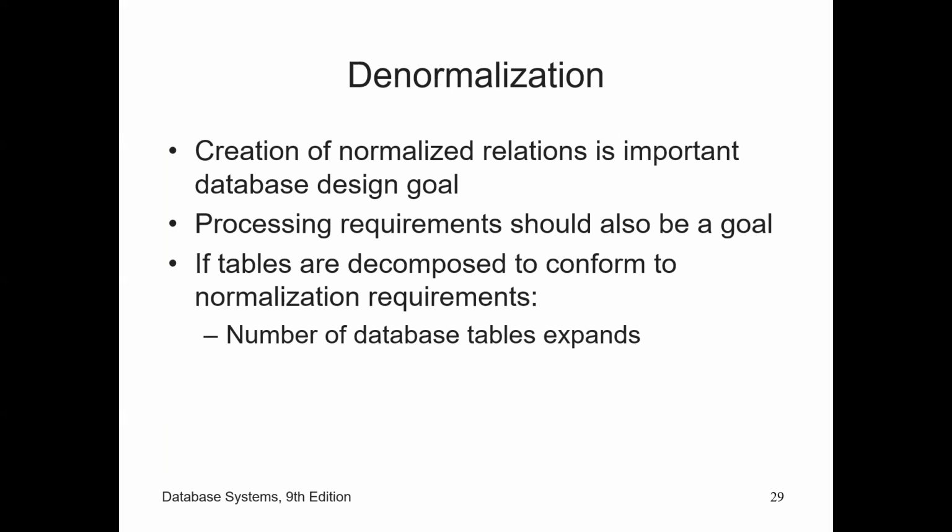The problem with normalization is that as tables are decomposed to conform to normalization requirements, the number of database tables expands. Therefore, in order to generate information, data must be put together from various tables. Joining a large number of tables makes additional input or output operations and processing logic, thereby reducing system speed.